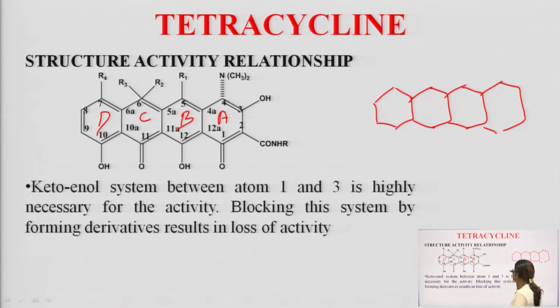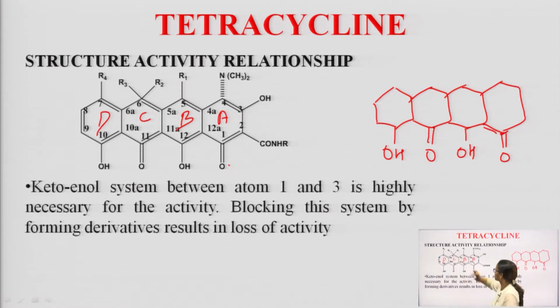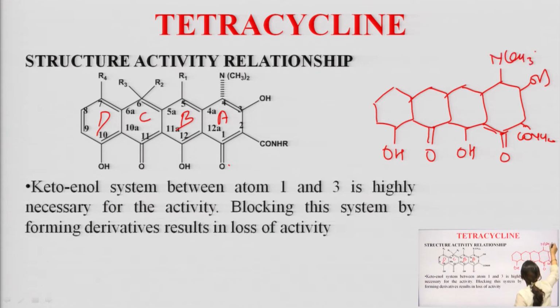If we start numbering from here, then it has alternate O, OH, double bond, O and one OH. Then in the second position we have the CONH2 group. Then in the third position the OH group is present, and in this position NCH3 whole twice, that is the dimethyl amino group, is present.